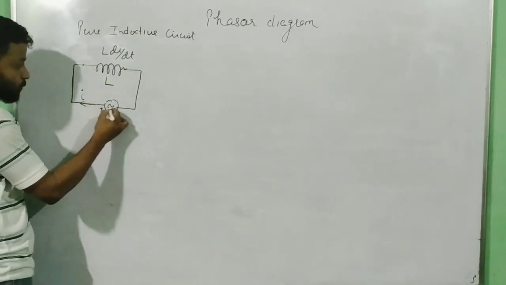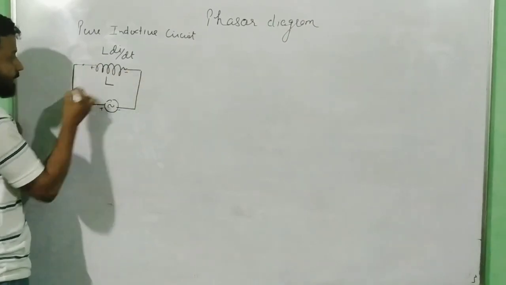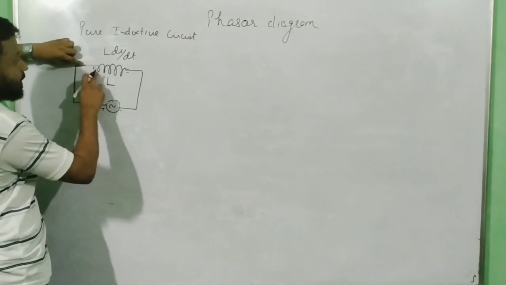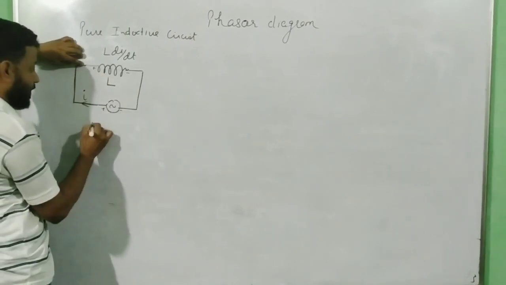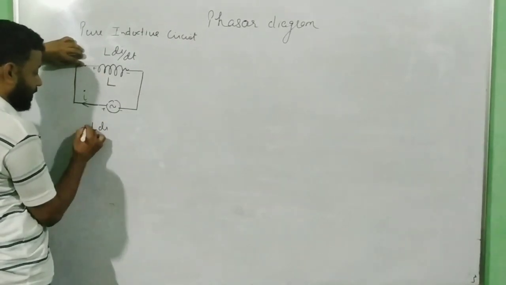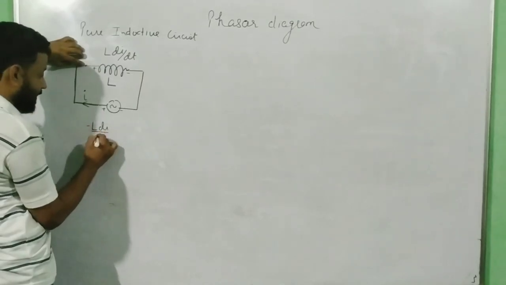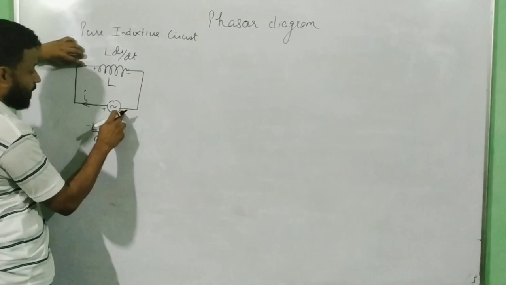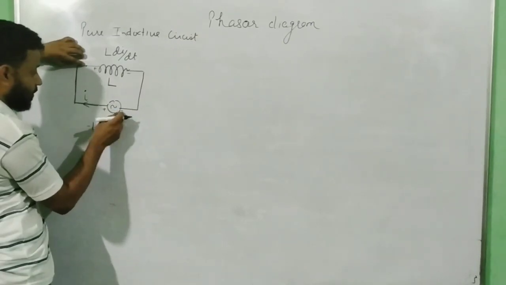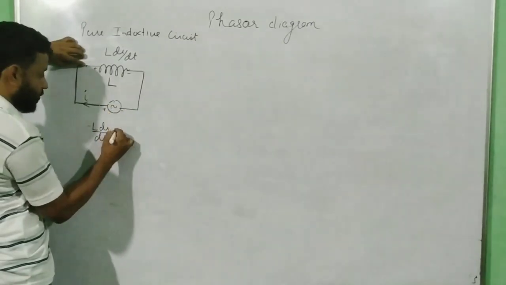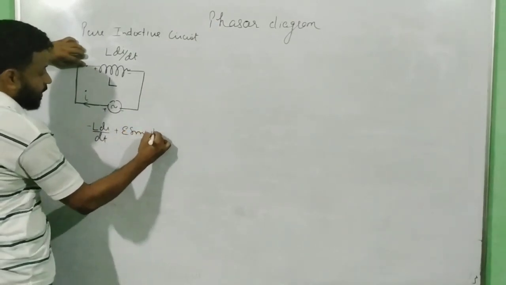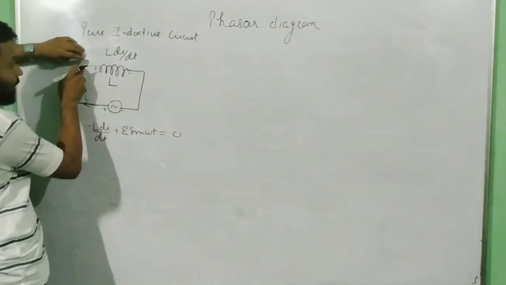If I consider this to be plus minus, this will also be plus and minus. If I start Kirchhoff's law from here, I am going from plus to minus, that is downstream, so I will write minus L di by dt. When I cross this, I am going from minus to plus, upstream, so you will write plus E naught sine omega t, and that is equal to 0 when you come back over here.